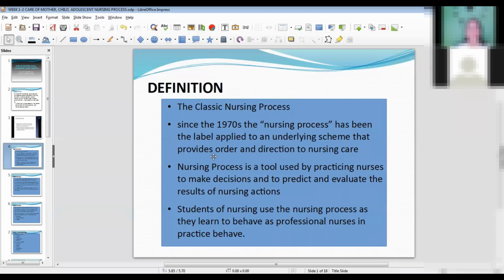Another definition, this is for the students: students of nursing use the nursing process as they learn to behave as professional nurses in practice. What professional nurses do in clinical practice, you as students can also do while you are still under this program.